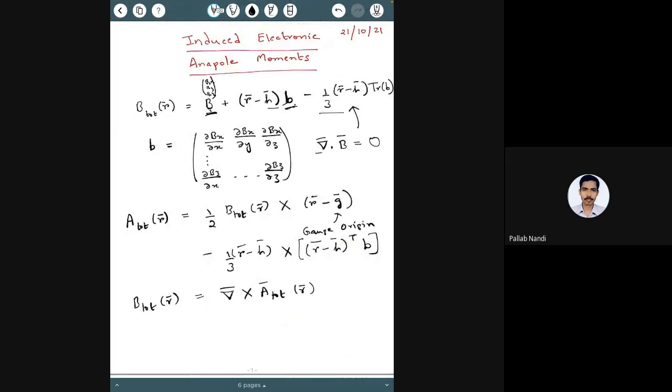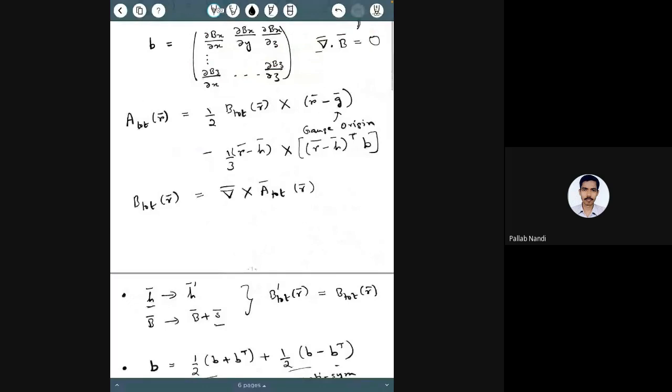You can directly apply the divergence onto the field and check that this is the case. Back calculation is quite difficult, so it is better to just verify that this is correct.